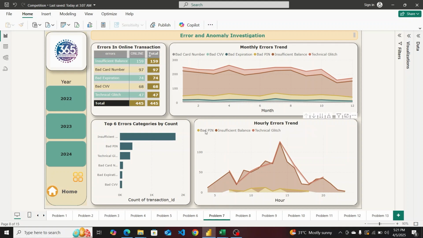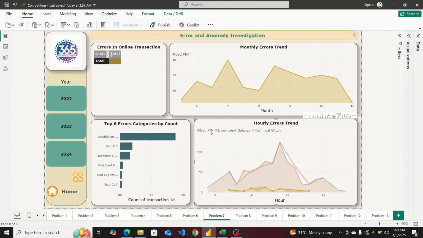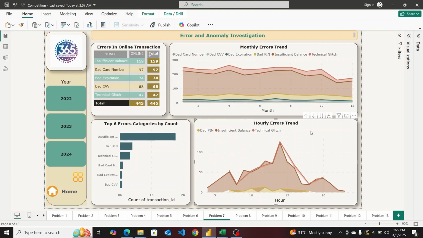These are the top 3 types of errors, excluding insufficient balance. This is the bad PIN, which occurs from 6 a.m. to 6 p.m. That's all about the errors.